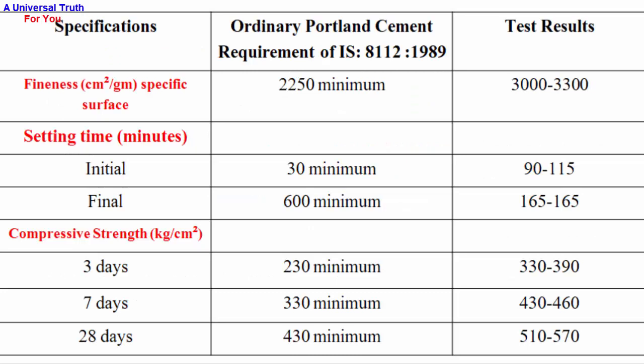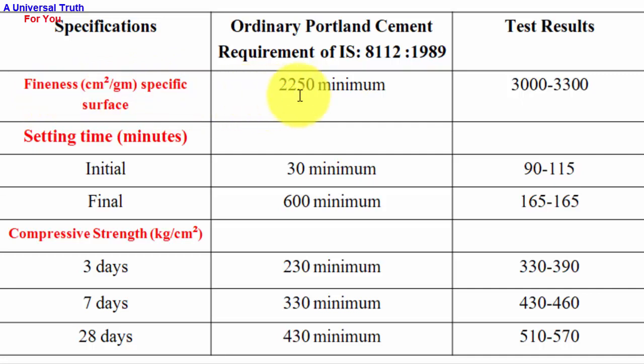Here is the table. In this, the first column is specifications. The second column is the ordinary Portland cement requirement of IS code, Indian Standard Code 8112 1989, and this is the test results. First is fineness, in centimeter square per gram specific surface.